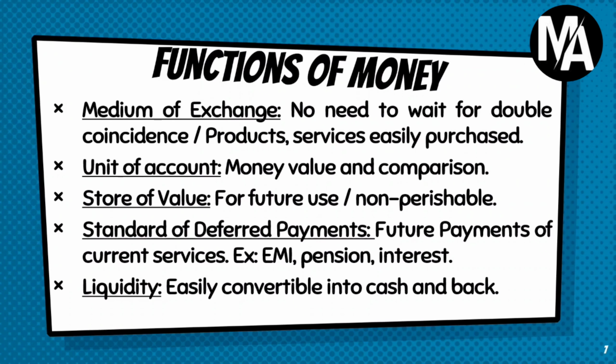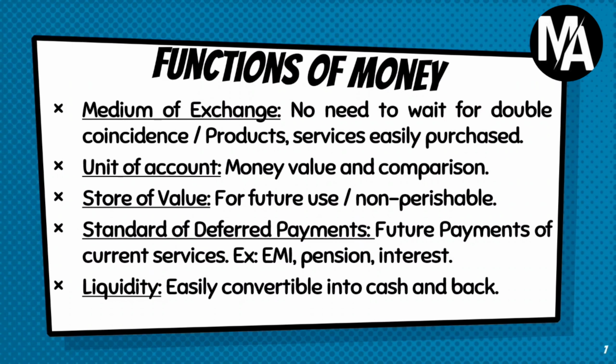The next function of money is standard of deferred payments. Money can be used for future payments, which means you can avail the services currently and pay later. The examples are easy monthly installments, commonly known as EMIs, where you purchase a product now but then slowly pay in installments in the future.